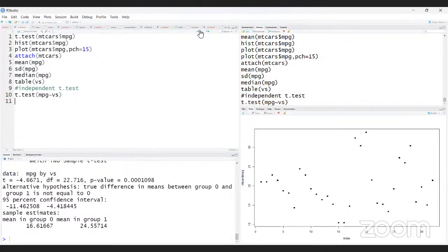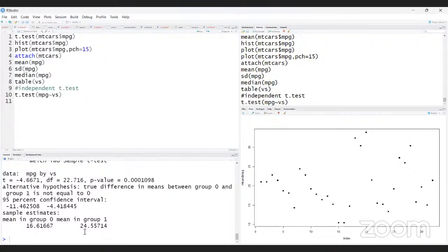Okay. So now I find that where the VS is 0, there the MPG mean is 16.62. And where the VS is 1, there the mean is 24.56.